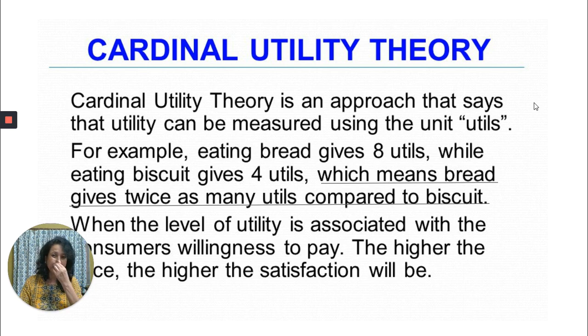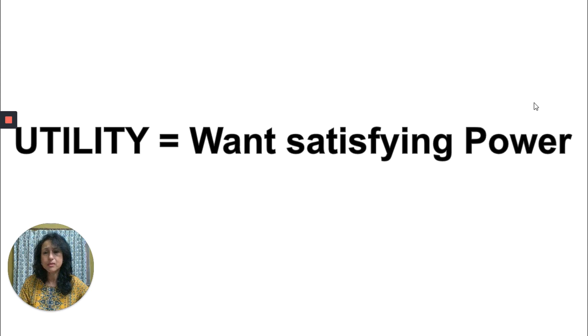Let me simplify that to say utility simply means satisfying power. So I want a commodity. Suppose now I want a mobile. I have this mobile. That means I have got satisfaction from the mobile. In other words, that mobile contains utility for me.